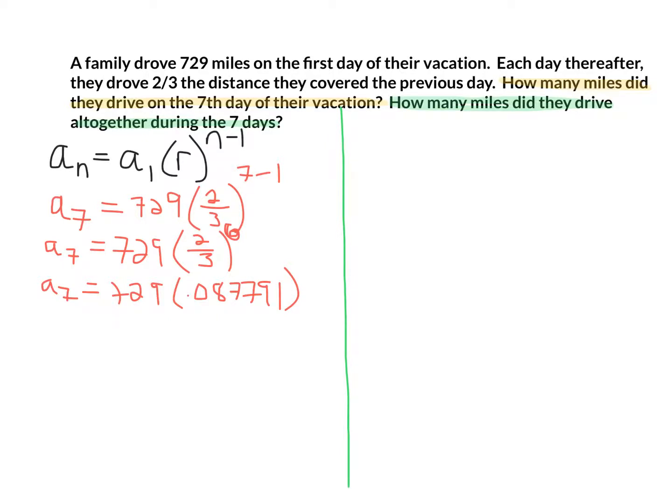Now, typically, if I have a graphing calculator, I would convert that decimal to a fraction because I like working with fractions better. But seeing I don't have a graphing calculator, I got to make do with what I have. Now, obviously, we're going to take the 729 and times it by that ugly decimal.